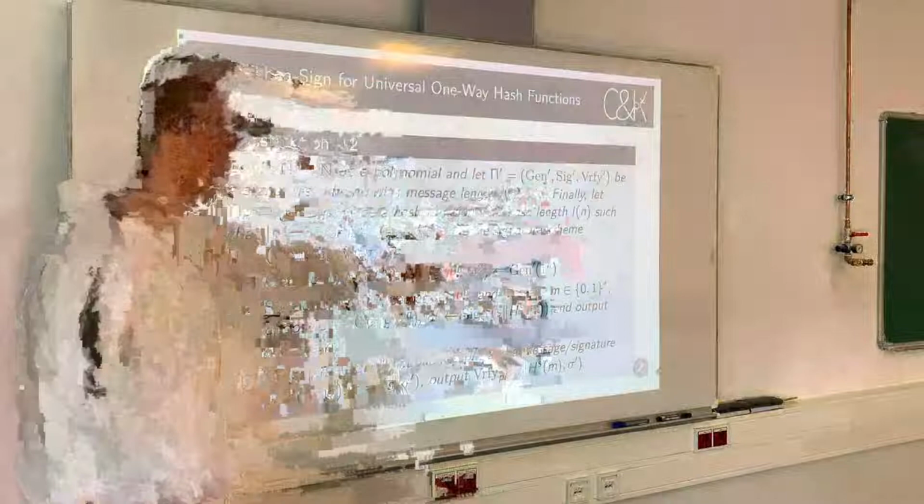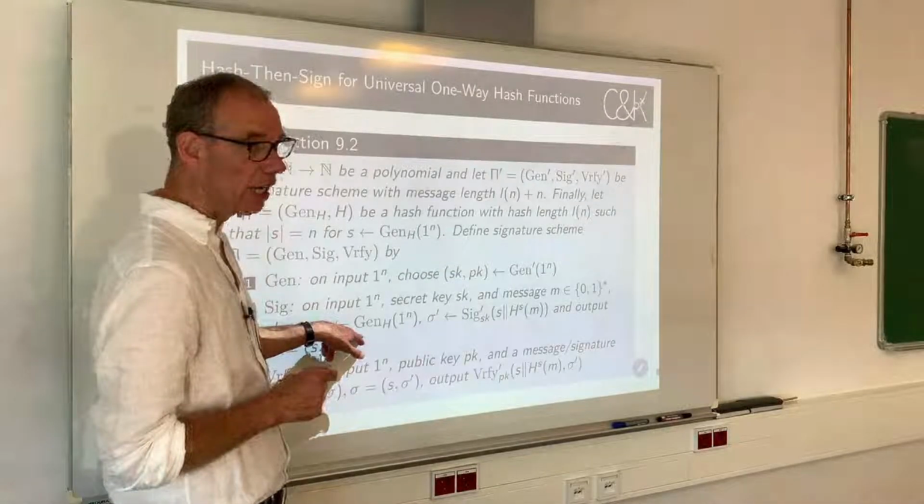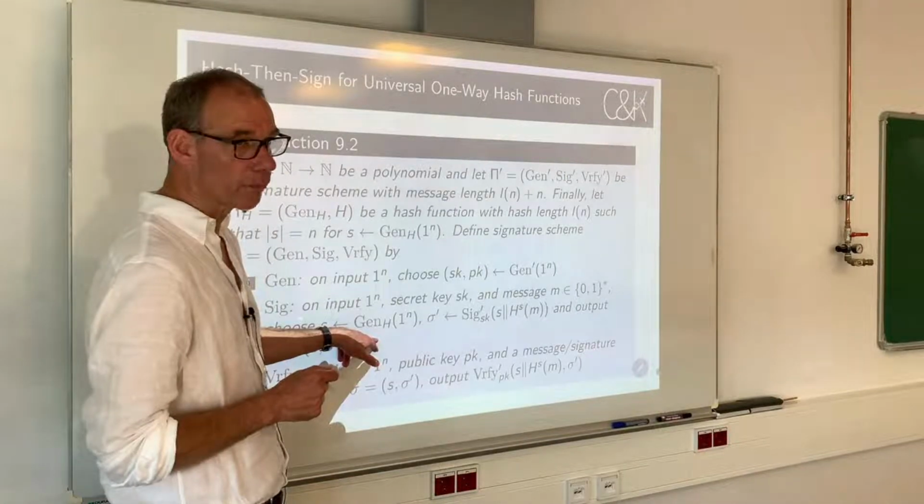The signing is done differently. On input 1^n, secret key sk, and message m in {0,1}*, the signing algorithm first chooses a key s with the key generation algorithm of the hash function.